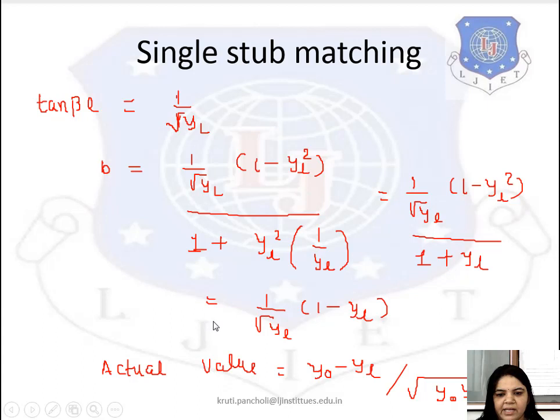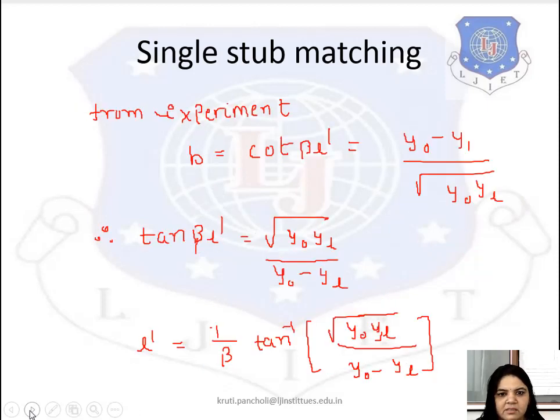Therefore, the actual value, instead of 1, I am putting Y0. So (Y0 - YL), here also we can consider it is 1 multiplied by YL, so instead of 1 I am putting Y0. So it is the square root of Y0 into YL. Now as we know that from the experiment it has been proved that the susceptance B is equal to cot βL'.